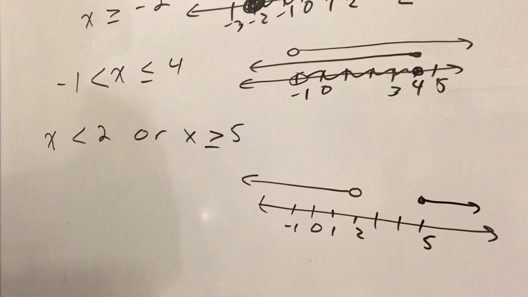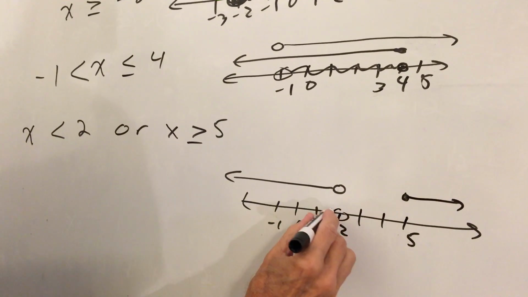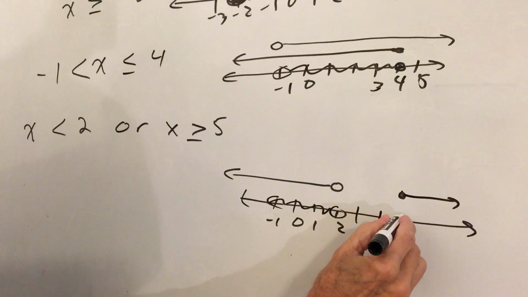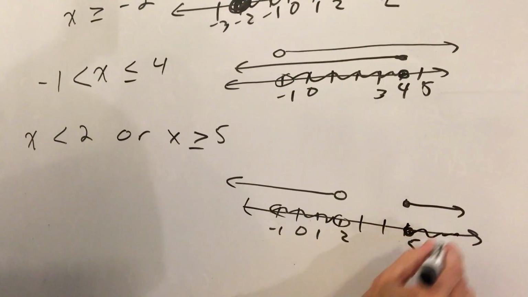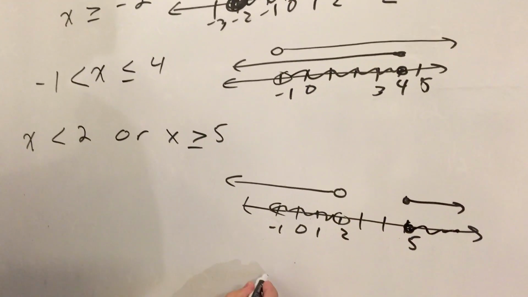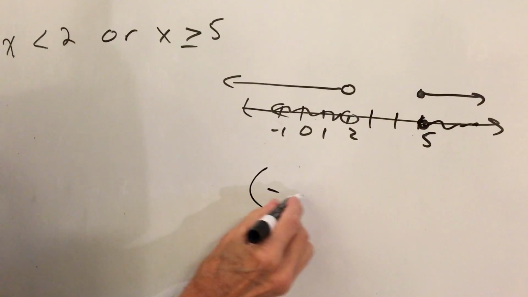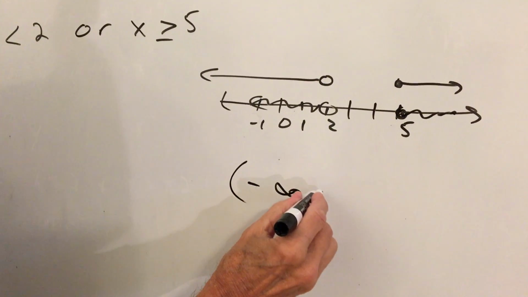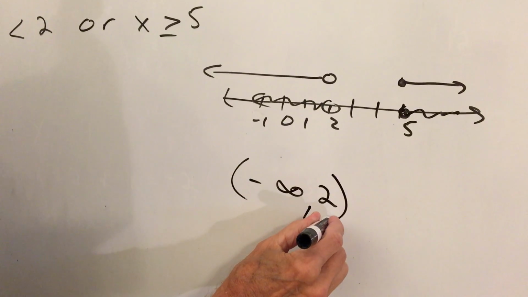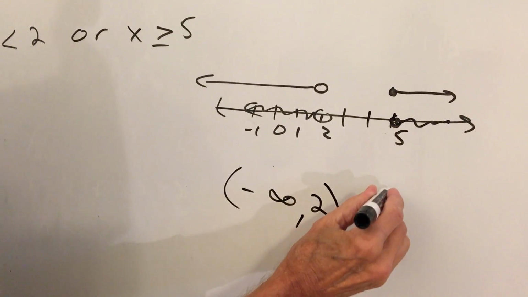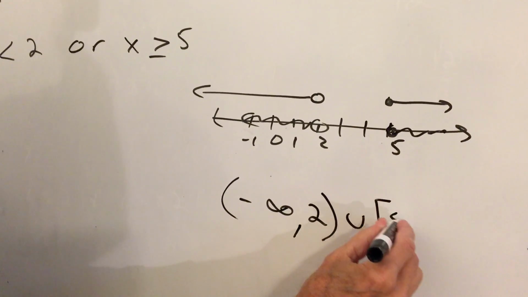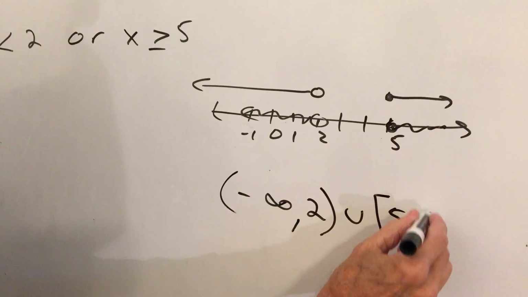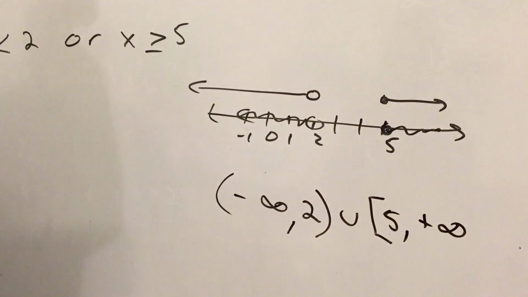Or means join them together, so you would have both of those. And the interval notation would be negative infinity to 2, parentheses, union, bracket, 5, to positive infinity.